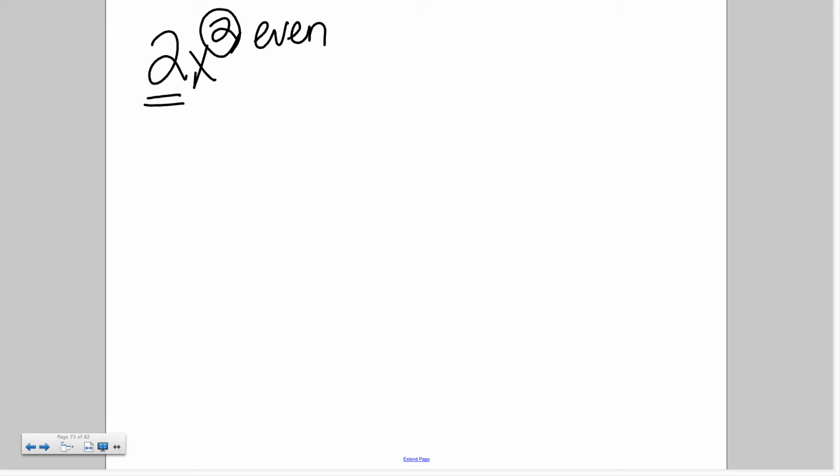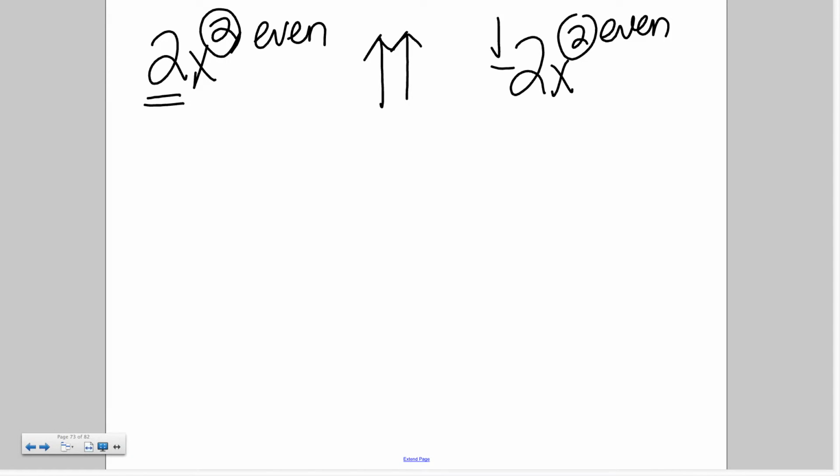Because that leading coefficient is positive, my end behavior is going to look like that. They're both up. If I had negative 2x squared, still even, but the negative means you're going to be flipped, and they're going to both go down. So 2x squared would look like this, and negative 2x squared would look like that.